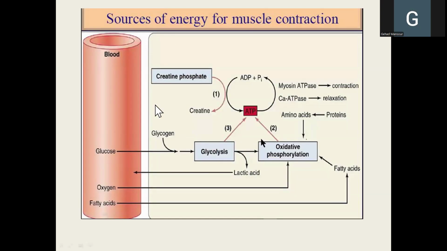Here we have the sources of energy for the muscle contraction. There is a certain hierarchy. We start with the glucose that is available in the blood, and if all the glucose in the blood is used up, we resort to breaking down the glycogen in the muscles. Whether you are obtaining glucose from the blood directly or from the breakdown of glycogen, you go through aerobic respiration.